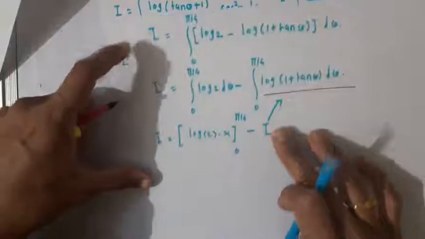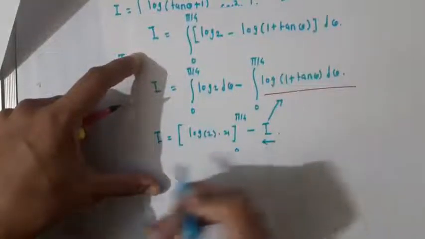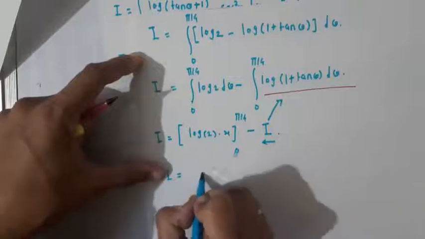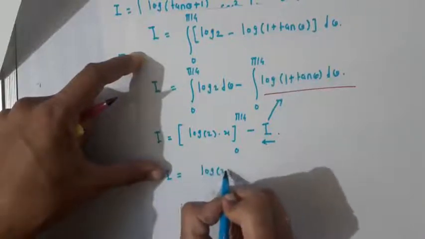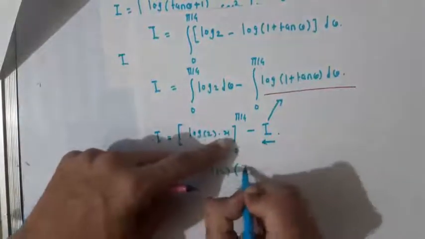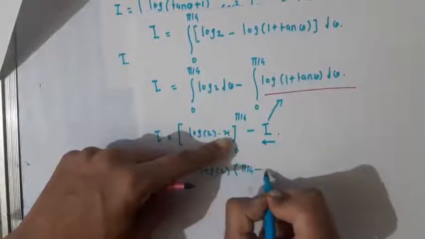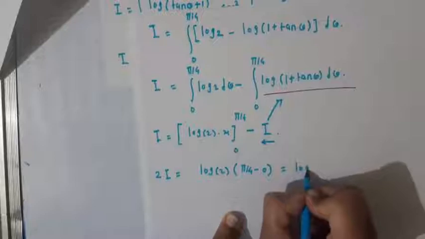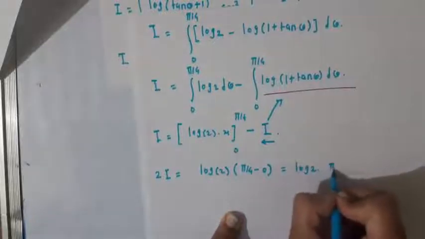Now shift this I to that side and I plus I equal to 2I, and this is log of 2 outside, and the value of x is pi by 4 minus 0, and this is equal to log of 2 into pi by 4.